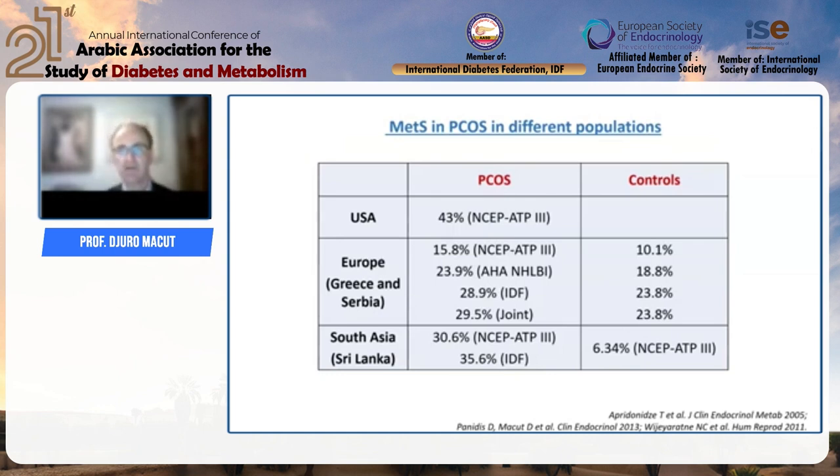We can compare this to other parts of the world, but this is not very easy because of the situation in South Asia. There are some results from Sri Lanka that showed that metabolic syndrome is quite pronounced, going up to 30% in comparison to 6.3% in the controls. So we could not say that we have such a big problem, but clearly we showed that women with PCOS, even in Europe, are affected and could develop metabolic syndrome.